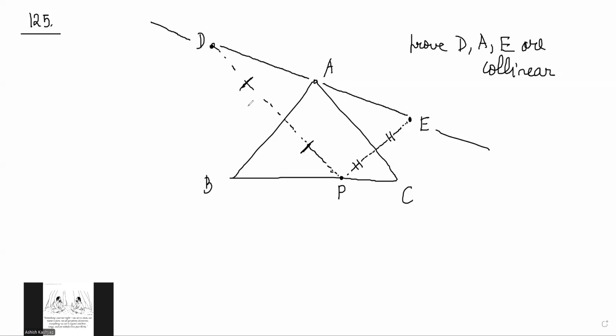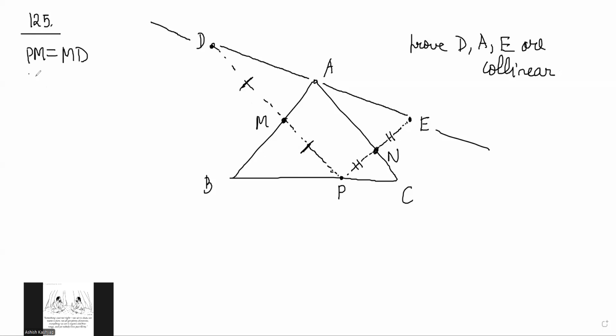Fine. So let's label these points. Let's call this point M and this point N. This is the point where it meets AB and AC. We know that PM is equal to MD because it's a reflection.